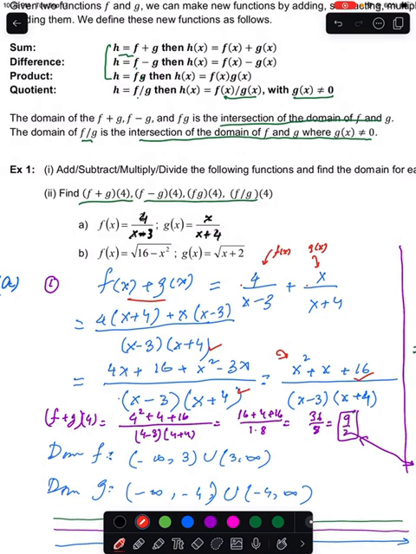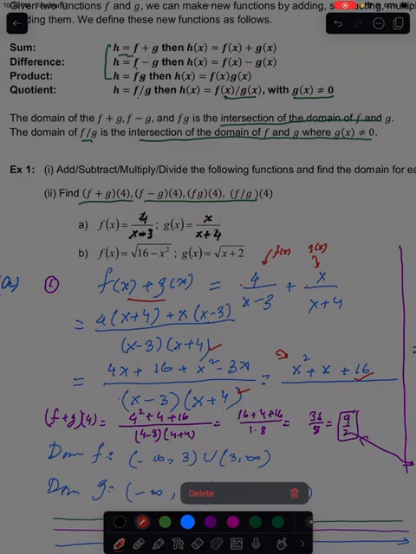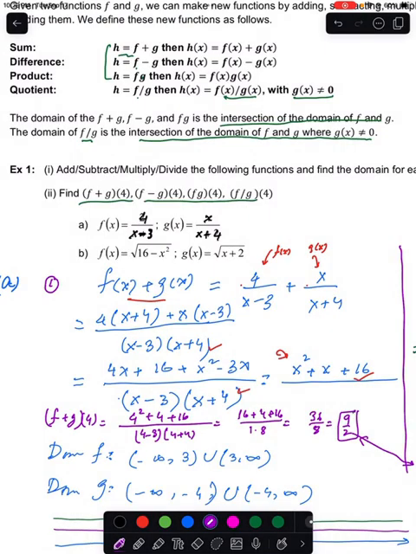Once we see what our numerator is, and if it cannot be factored, now we can multiply the denominator. It becomes x squared plus x minus 12.